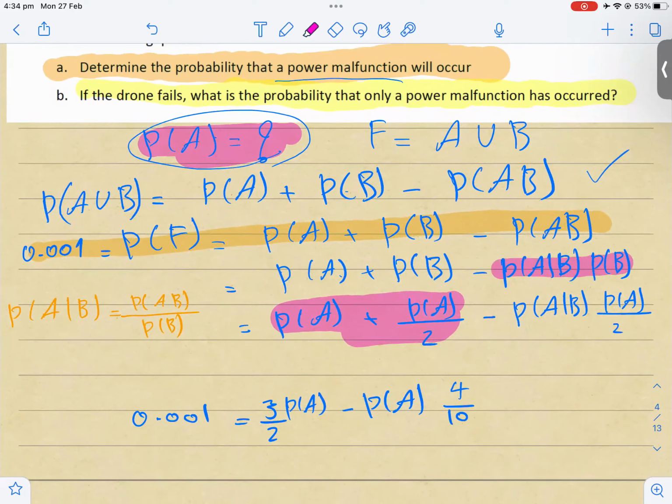Where does this come from? The last pink highlight, what is this? Where did I get this? Why was I able to write the probability of AB as this?